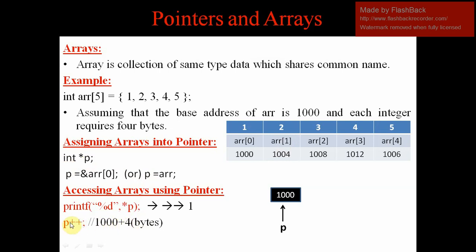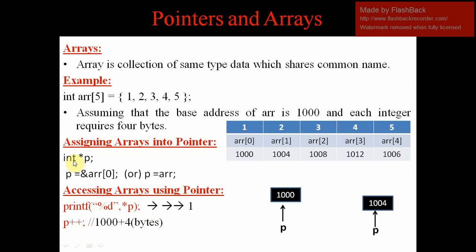So when I give p++, the p value is changed into 1004, because 1000 was already there. p++ means p plus 1. Instead of 1, it is increasing by the size of the particular pointer type.